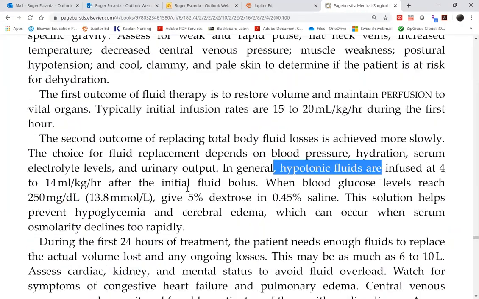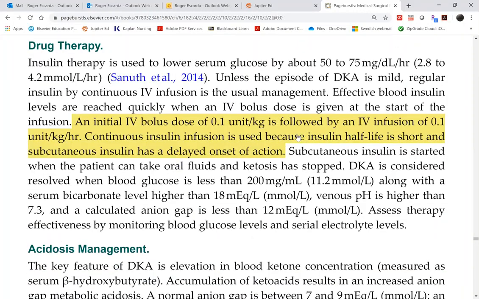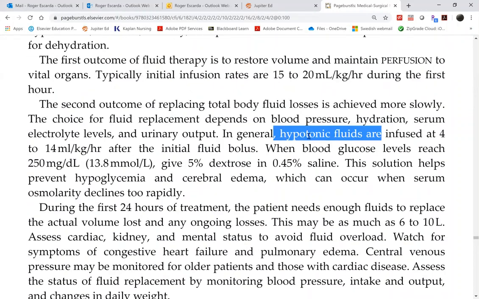So once normal saline is finished, you hang the half normal. This number 2 bag will now contain potassium in anticipation of what will happen, because you are giving the patient regular IV insulin, continuous infusion, so it will drop your potassium. So to prevent that, we add potassium right here.